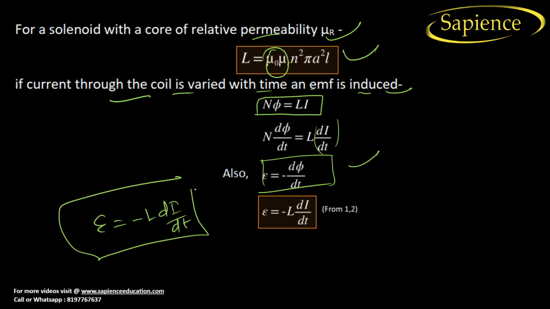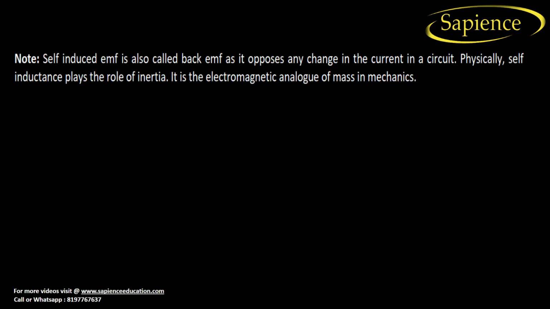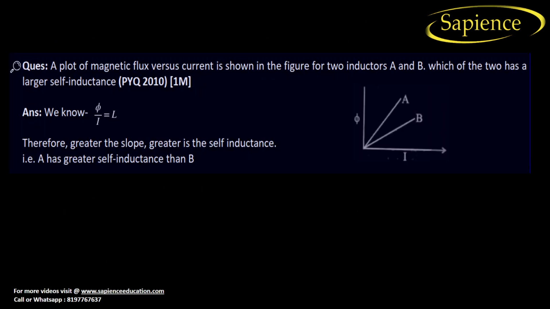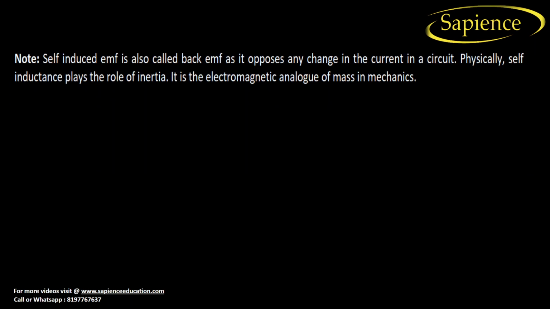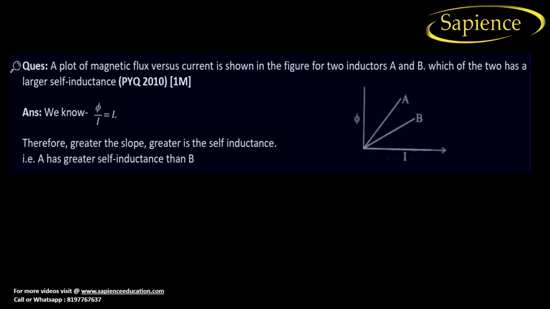We can write like this. So I hope you have understood this. Now note, self-induced EMF is also called back EMF, and it opposes any change in current in a circuit. Physically, self-inductance plays the role of inertia, the electromagnetic analogue of mass in mechanics.